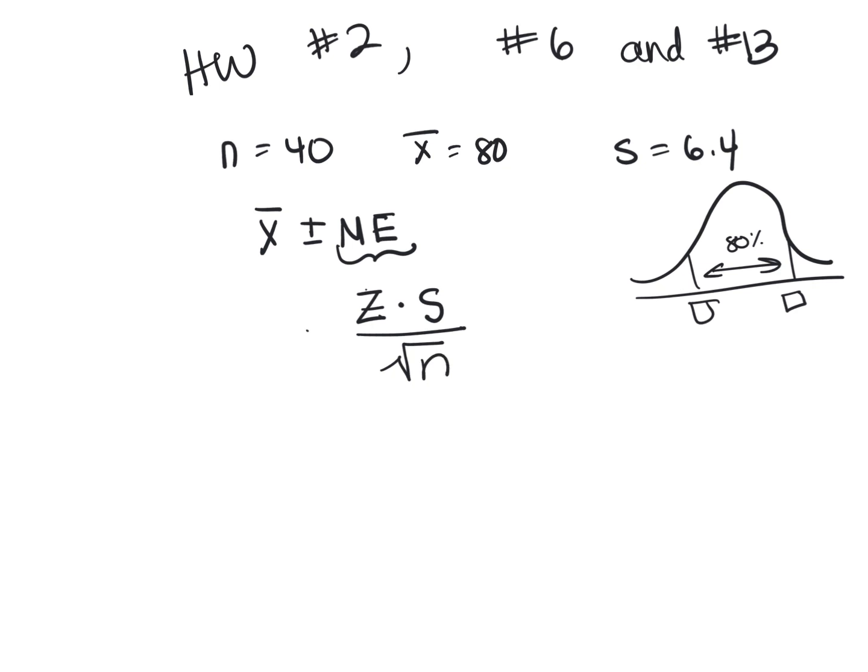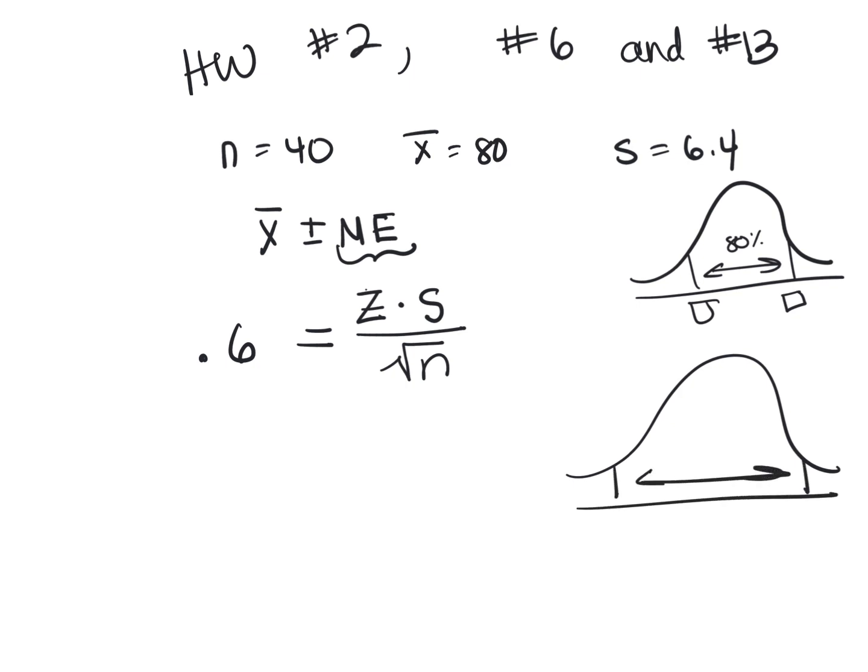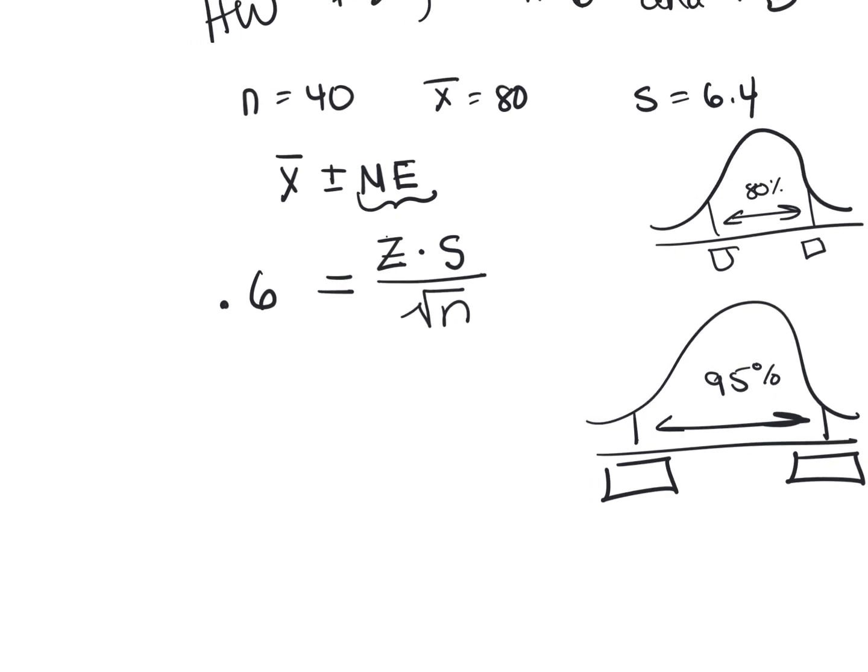Now, if we want this margin of error to be a particular number, like 0.6 in my problem, and they tell us that we want to be 95% confident, so we have our 95% in the middle here, I need to find the cutoffs that go here and here. I can do that by grabbing my calculator.